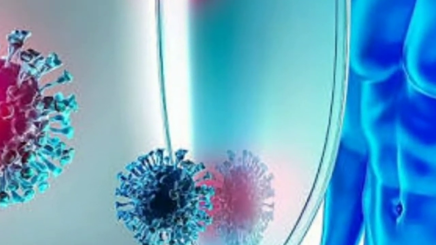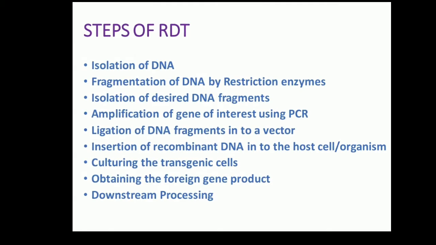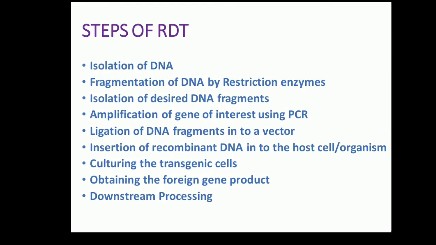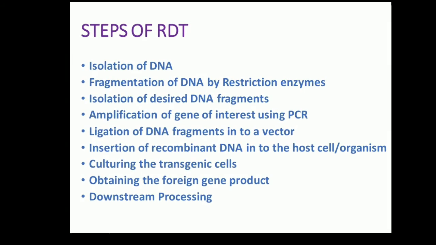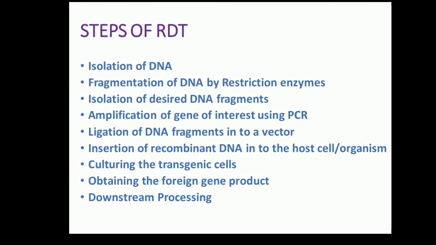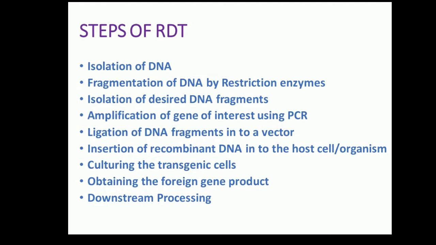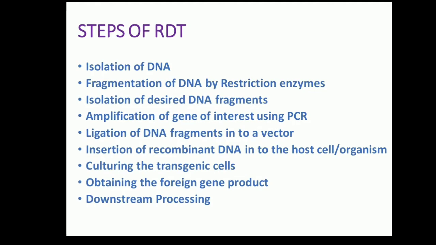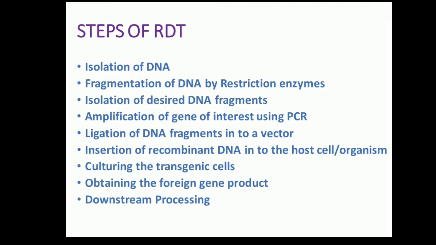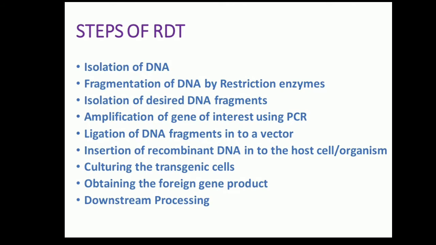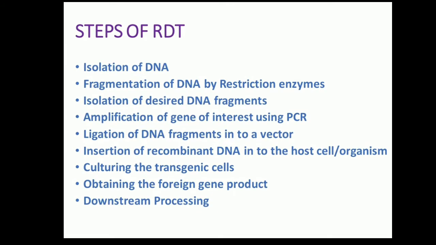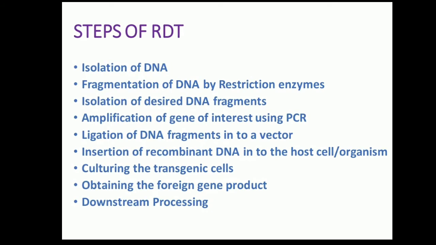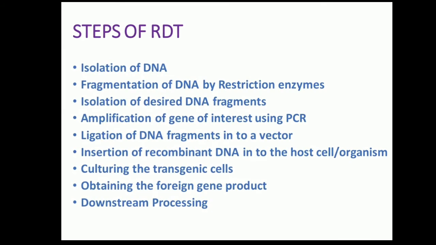So, what are the steps of recombinant DNA technology? The first step is isolation of DNA, then fragmentation of DNA by restriction enzyme, then isolation of desired DNA fragments, then amplification using PCR, polymerase chain reaction. Then ligation of DNA fragments into a vector, which forms recombinant DNA. Then insertion of that recombinant DNA into the host cell or host organism.